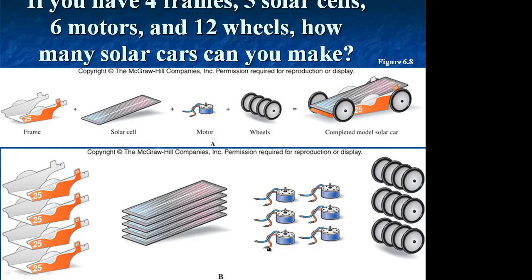Some of it will be left at the end of your construction project. There will be one frame left, 2 solar cells left, 3 motors left, right? Those are all excess parts, and the number of complete cars is determined by the number of wheels available.